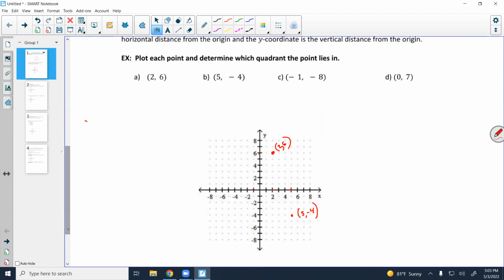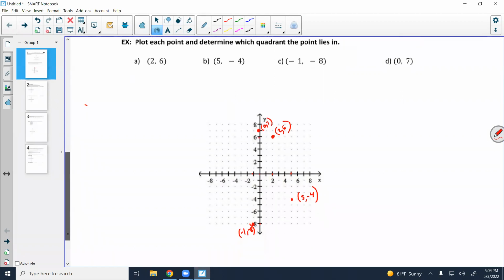Then we have (-1, -8), which is right there. And then we have 0 on the x-axis and 7 on the y, which is right here, (0, 7). And that's the basis for how this stuff is set up.